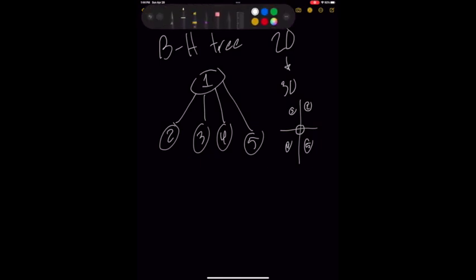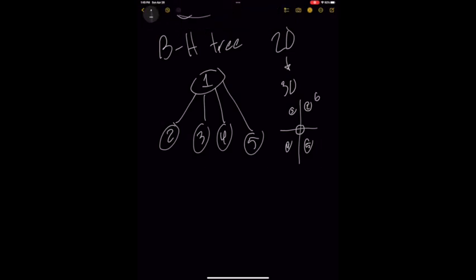Say planet 6 is right here. Well, then you treat this as its own separate plane. Planet 6 would then go up here for 2. So you have planet 7 down here. And you would just populate this like you would any standard quad tree, breaking these up into quadrants.